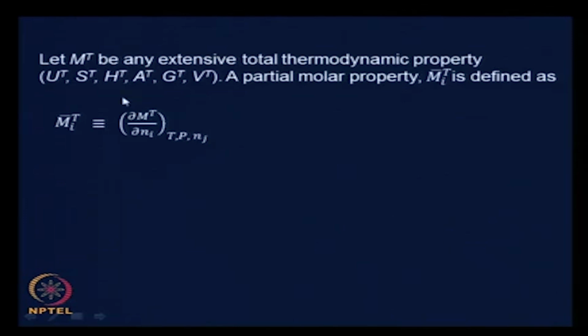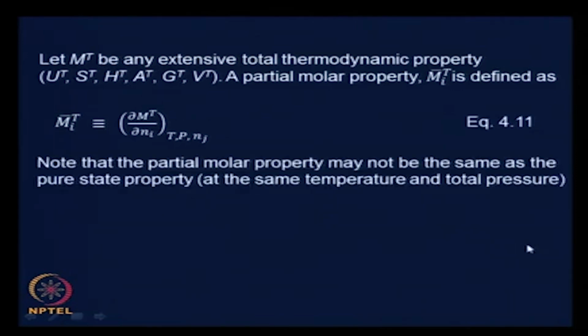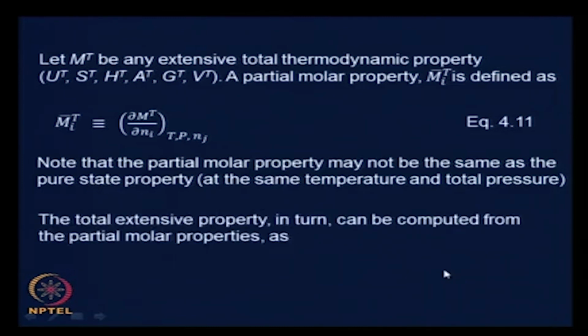This you could write for any of the extensive properties Ut, St, Ht, At, Gt or Vt. And of course, it was quite obvious that the partial molar property may not be the same as the pure state property at the same temperature and total pressure, and the total extensive property can be computed from the partial molar properties as the sum over n_i, the mole numbers, times the partial molar property of that component.